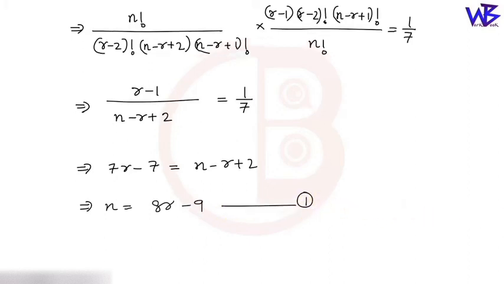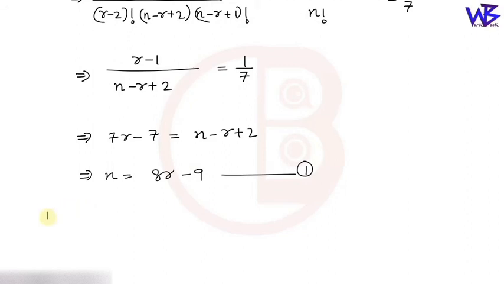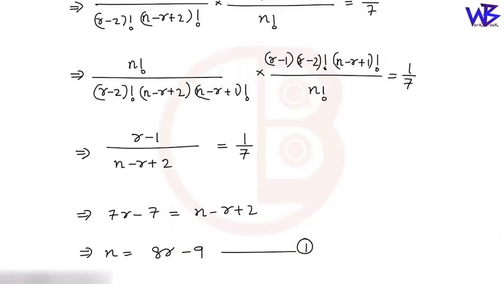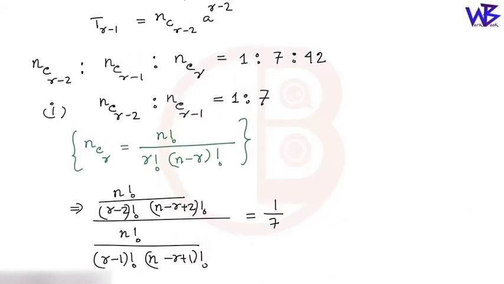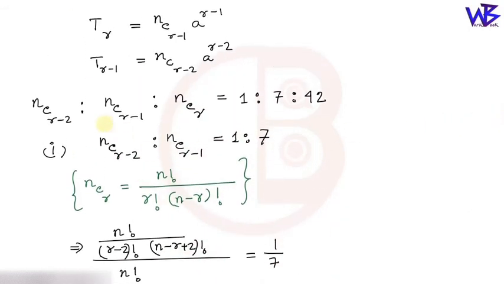Now for the second bit, I will take the coefficients nC(r-1) and nCr. Both are in the ratio 7 : 42.